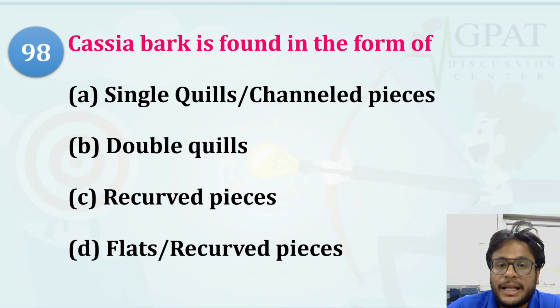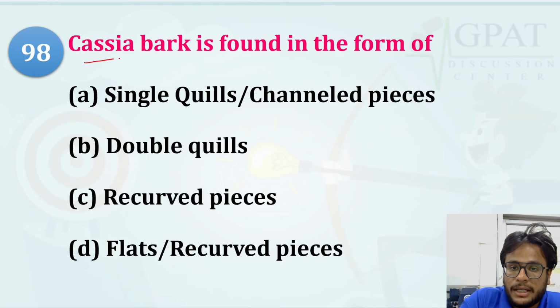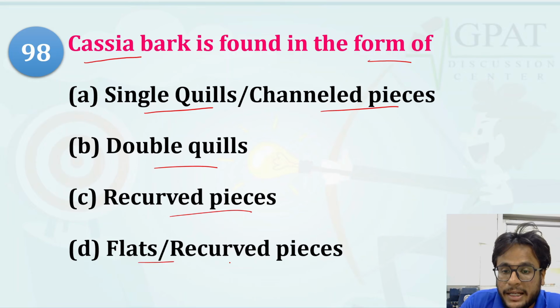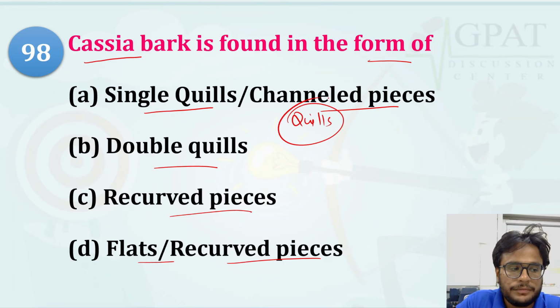Coming towards our next question, the cassia bark is found in the form of either single quilled or channeled pieces, double quill, recurved pieces, flat and recurved pieces. So what do they mainly indicate by the term quill? The first, quill, is mainly an indicator of a roll, how many rolls it is present in.